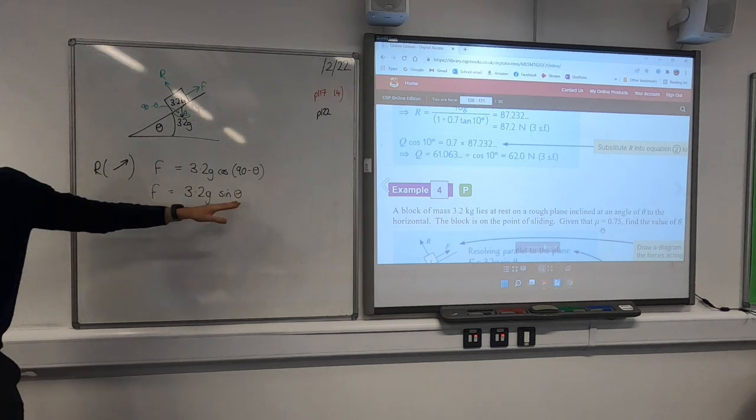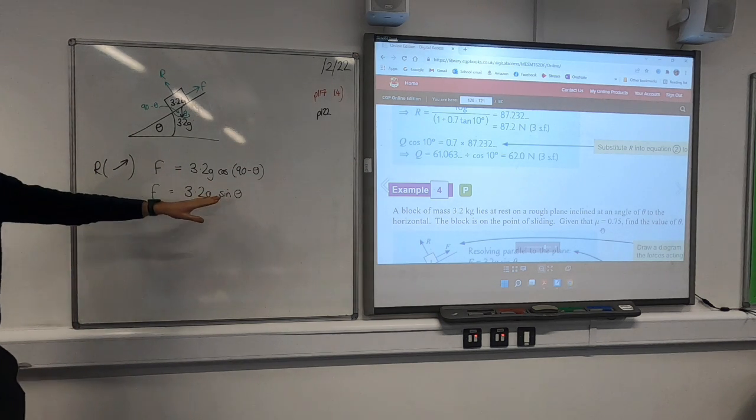You don't need to write both lines. You can go straight to using sine.